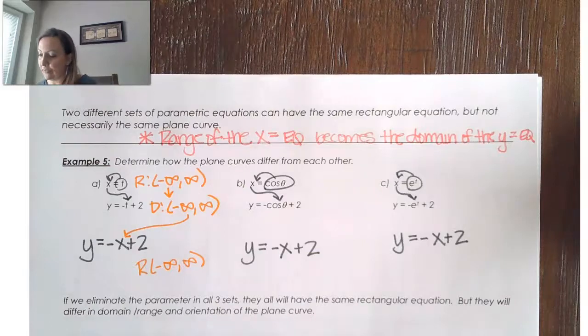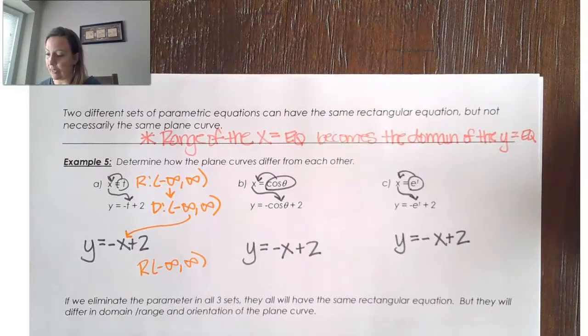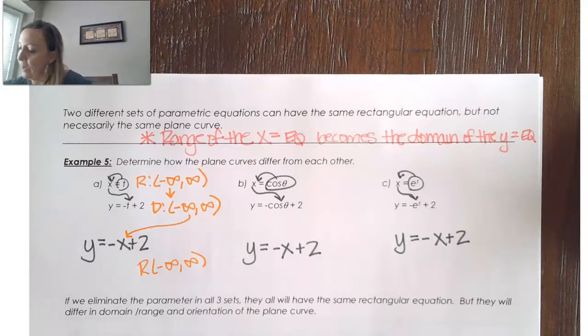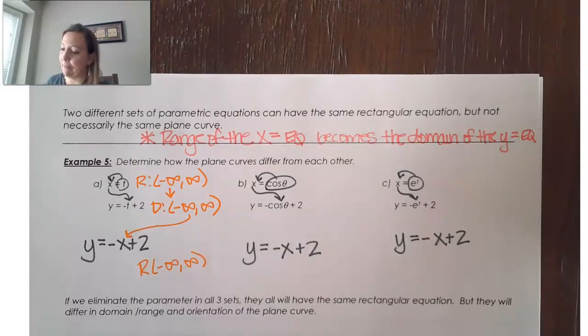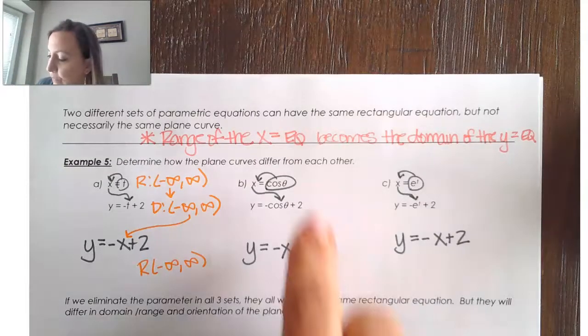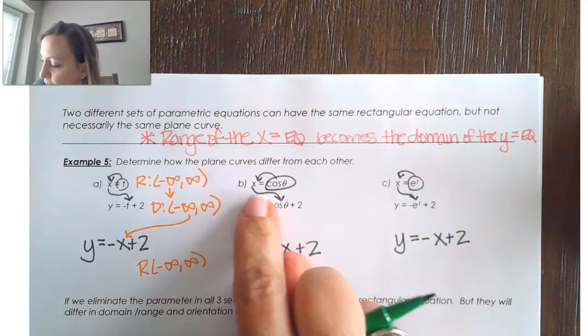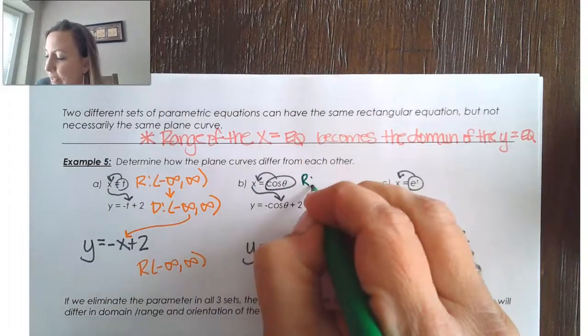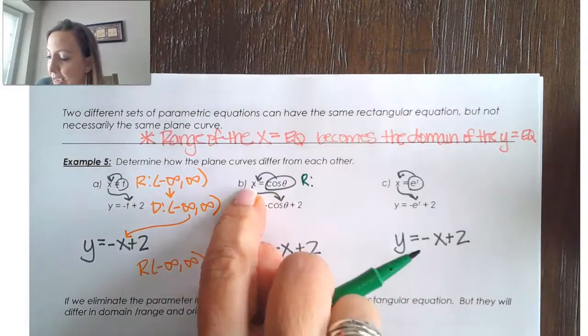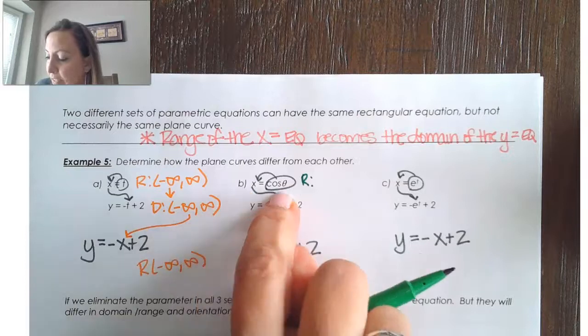Okay. So if we think about letter B, for example, instead, when we think about the range of this equation, remember that the range would be all the values of x that could happen when we have cosine theta.